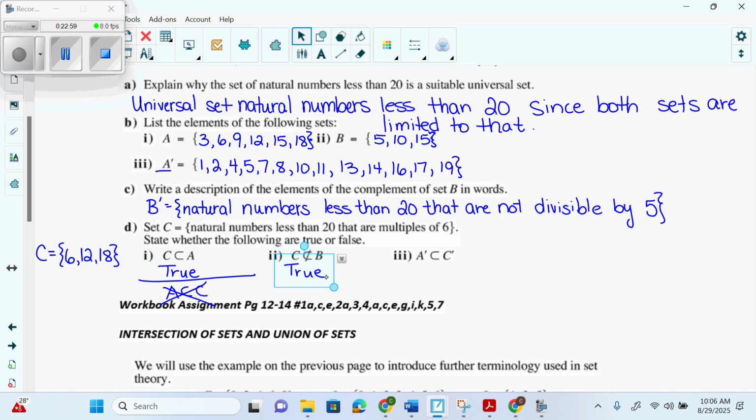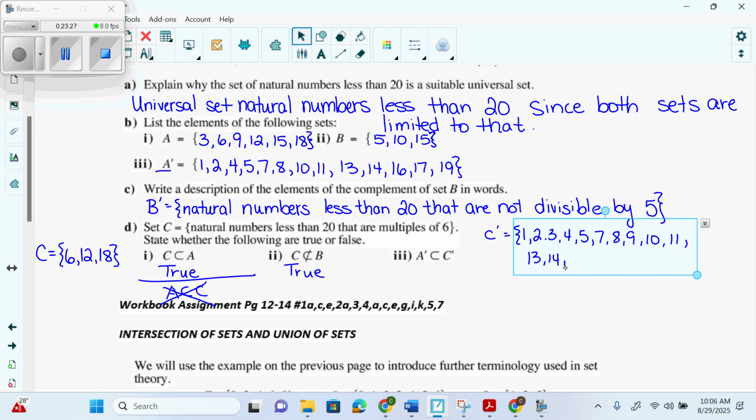Okay. A complement is a subset of C complement. People try and do that in their heads. I don't roll that way. So A complement are these. I like writing out C complement personally myself and then counting. So it's 6, 12, and 18. So I'd have 1, 2, 3, 4, 5, not 6, 7, 8, 9, 10, 11, not 12, 13, 14, 15, 16, 17, not 18, 19.